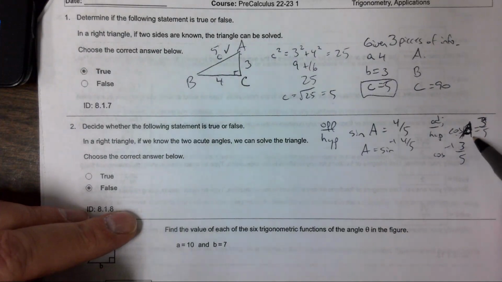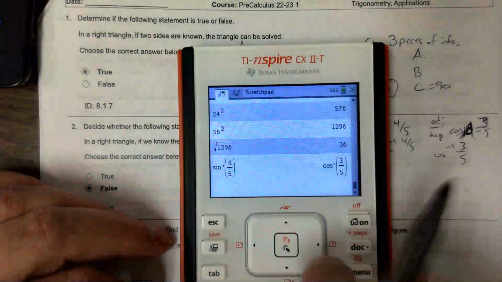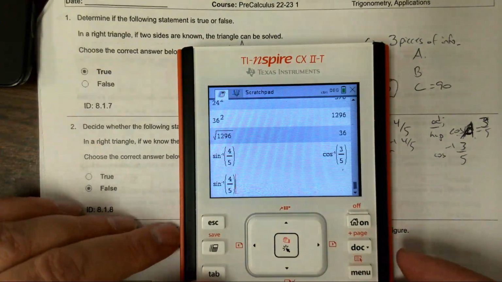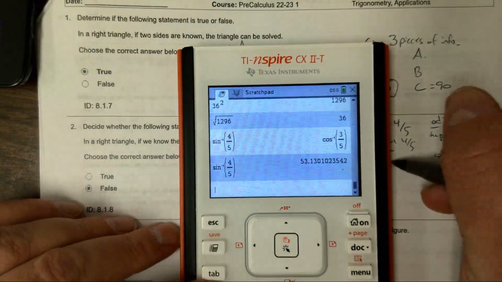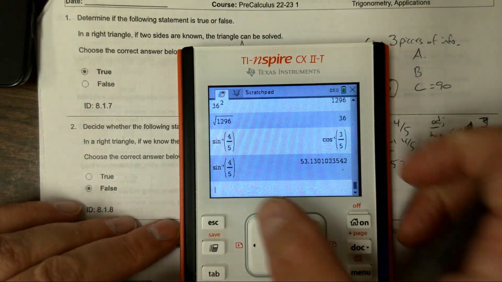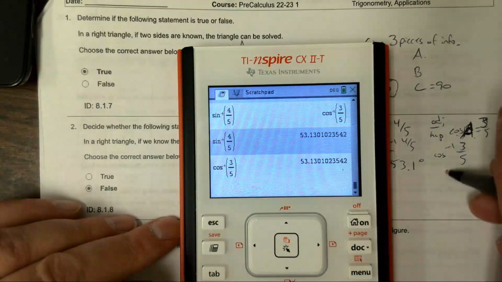So this is cosine A is 3/5. Now on my teacher calculator, it converted it, but we would have said basically 53.1 degrees. And if we did this as a decimal, that's also 53.1.